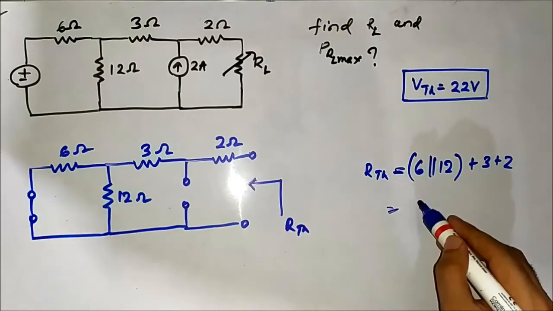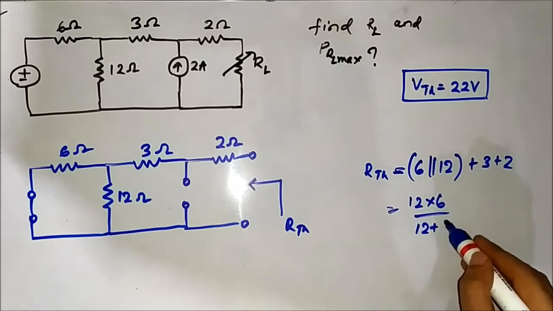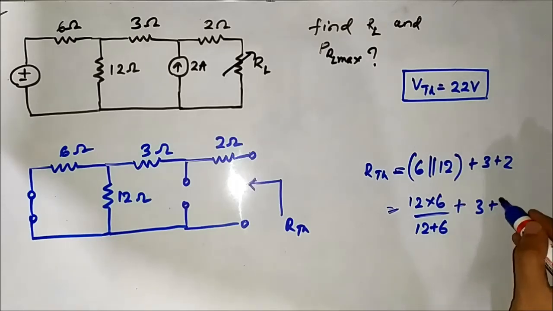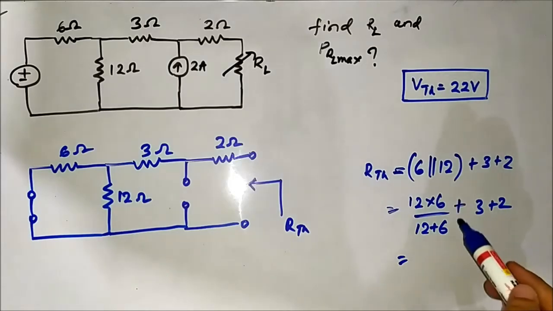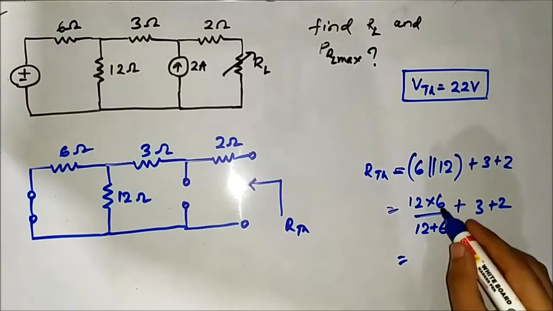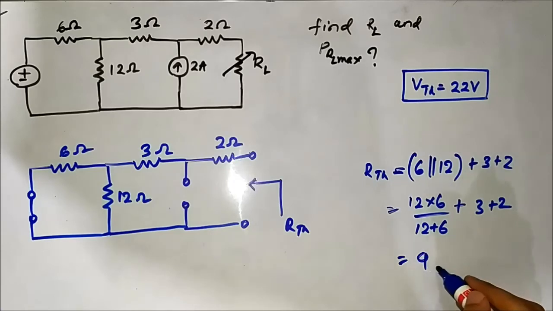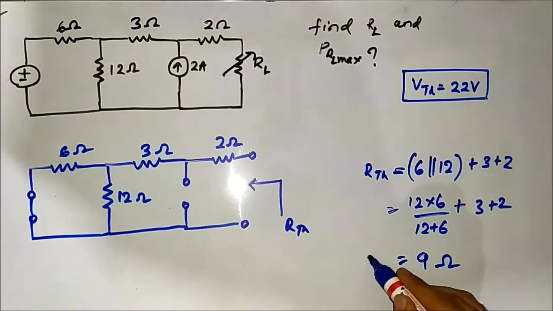So it is 12 into 6 by 12 plus 6, which is 72 by 18, which is 4. Then 4 plus 3 plus 2 is 9 ohm. RTH is equal to 9 ohm.